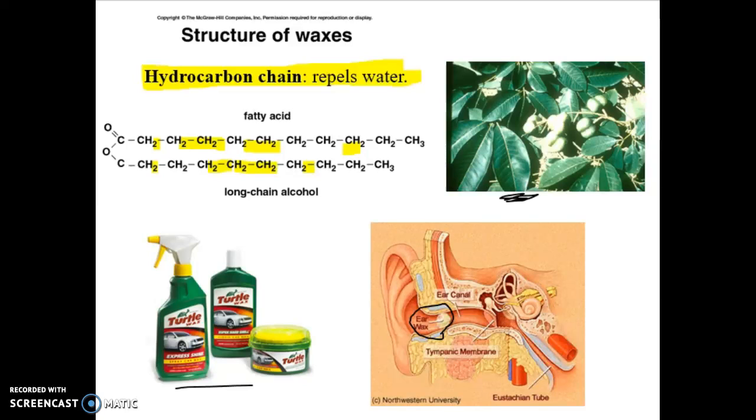Because when those apples were picked, they were sprayed with wax, and that wax seals in the moisture. So there's a very thin film of wax on the surface of your apples. Scratch it and see if you guys can find that waxy layer. But wax is just another type of lipid that's going to repel water because it's got the hydrocarbon chain. So again, remember the key functions of lipids and what they do for us.